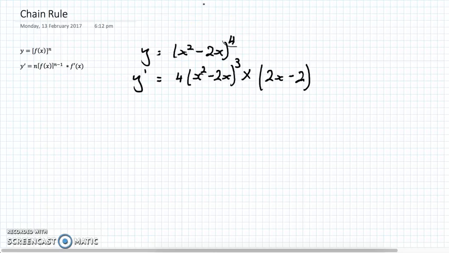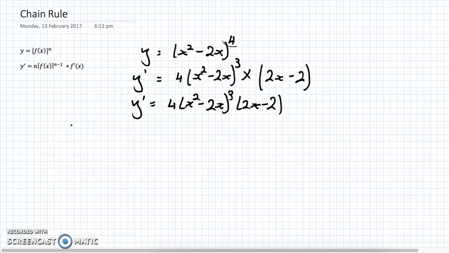So we take the derivative of the whole function, and then we multiply it by the derivative of the function inside. And if we want to tidy this up, we could really just write y dash is equal to 4 times x squared minus 2x to the power of 3 times 2x minus 2. And we could leave it like that, and that's perfectly acceptable.